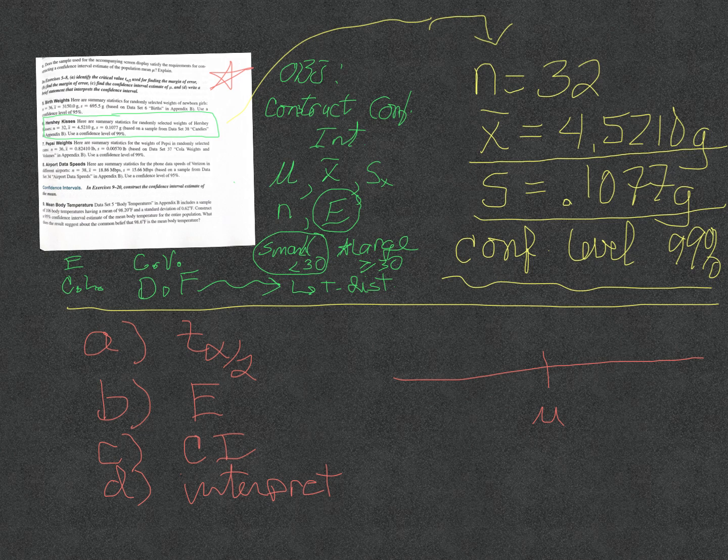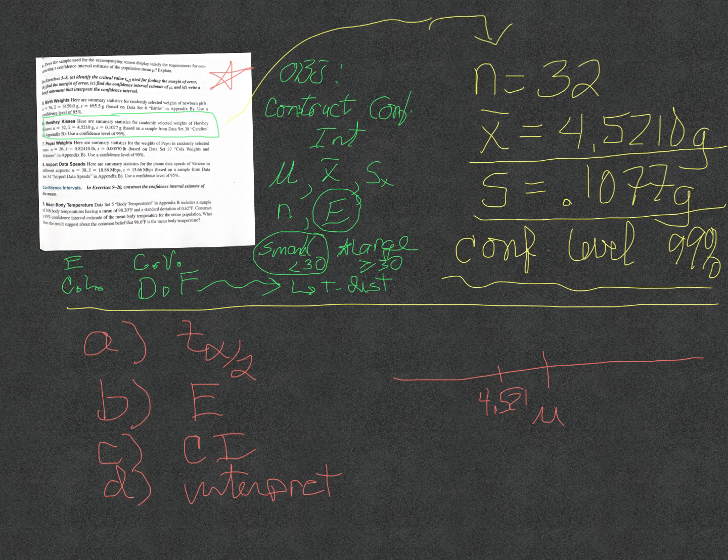So I take a sample and get 4.521. I don't know where that would actually be, but we're going to pretend it's right here. It's an estimate, a little smaller than what we would want, but very close, only a few thousandths away.